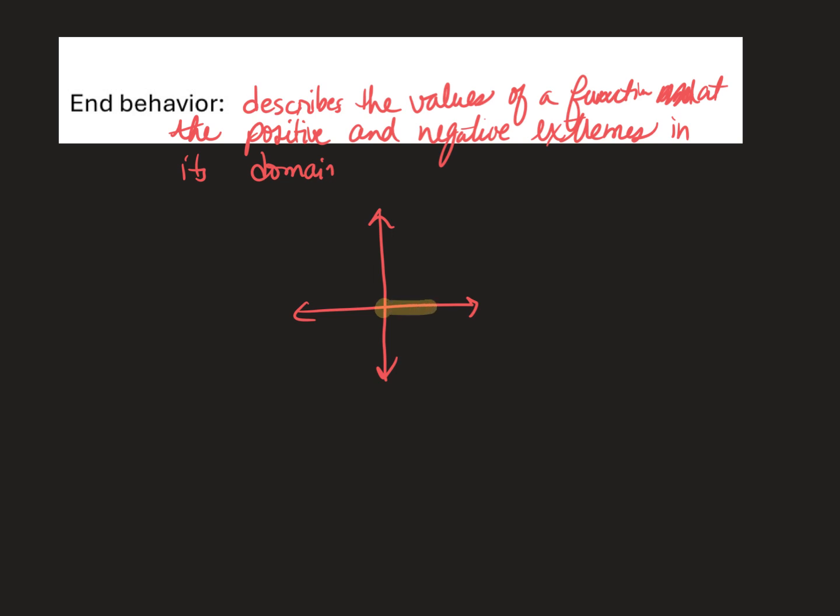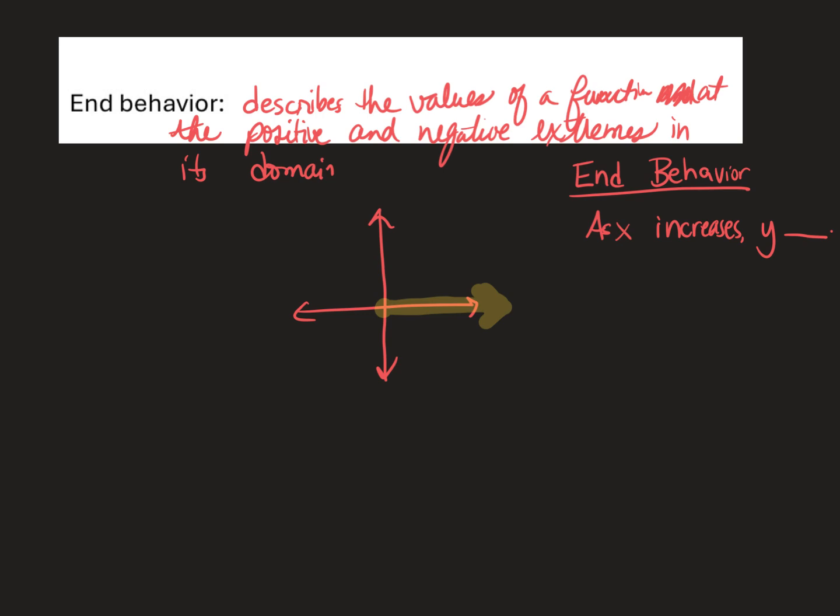As our X value is increasing, as it's getting more positive and more positive, end behavior will be written like this. As X increases, you are trying to figure out what Y is doing.